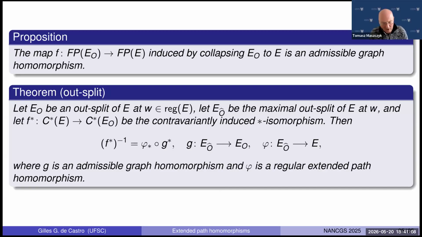This has to be defined on the classical generators, projections and partial isometries, by some standard formula. Can we then say when this homomorphism comes from an admissible relation or an extended path homomorphism?